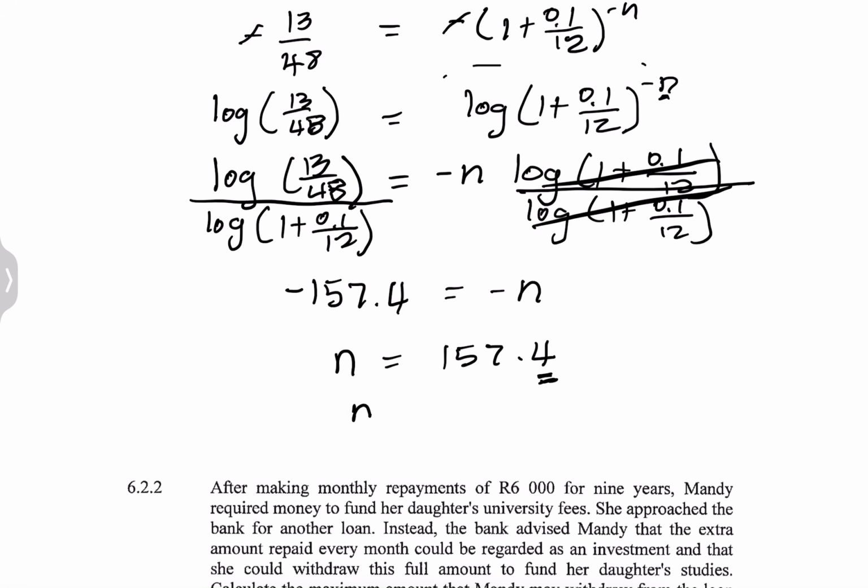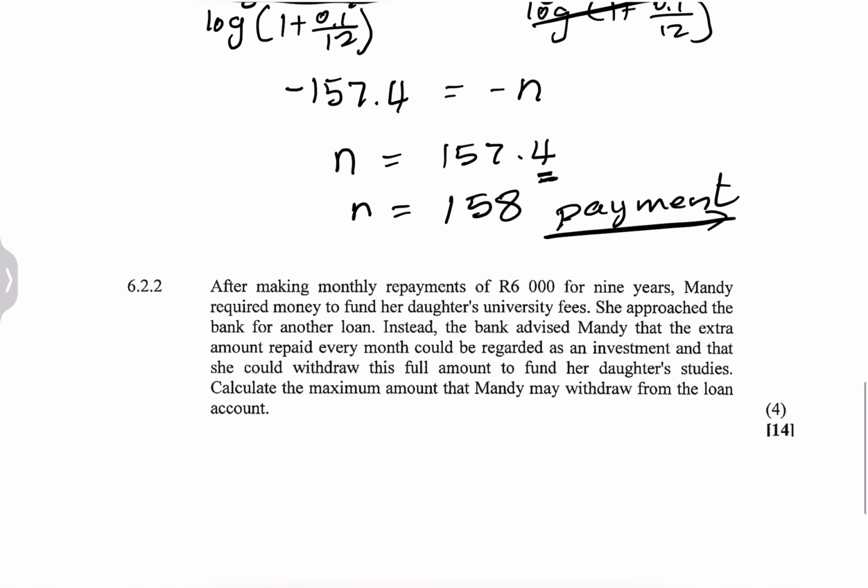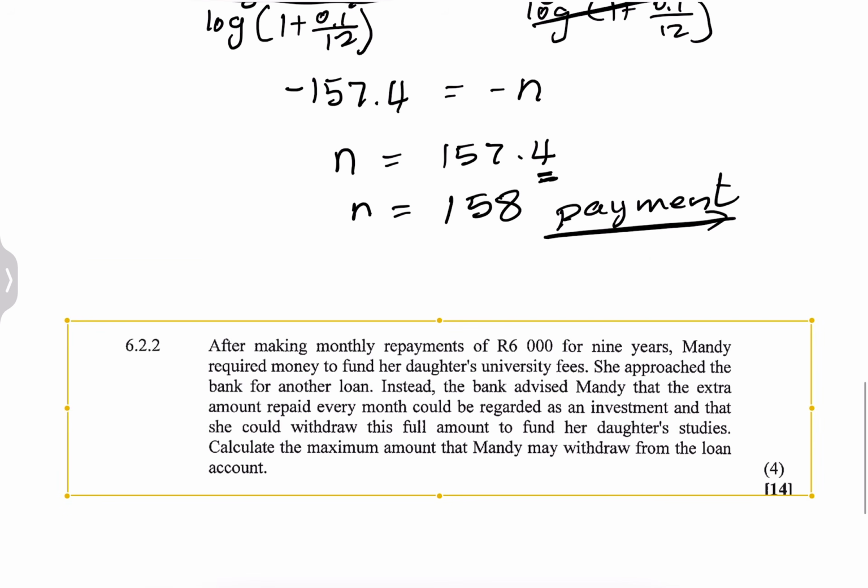So what we will then do is round off to the nearest whole number, which in this case is 158. So the number of repayments that she will make would be 158. I hope that has been understood, and that even the calculation you'll be able to do on your own.